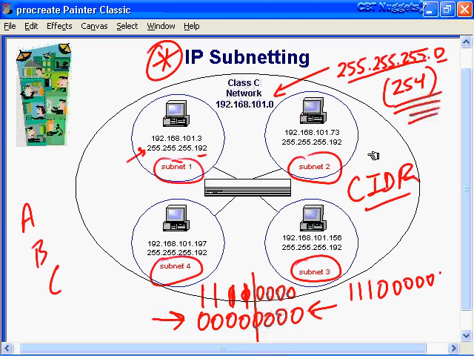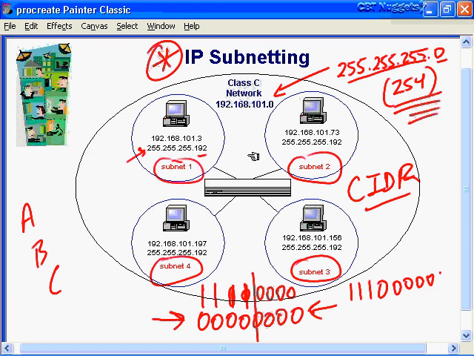Now from a network design standpoint, the main thing I've done here by using this router and using IP subnetting is I've created, from one large broadcast domain or one large network, 4 smaller broadcast domains. Now, what do I mean by broadcast domain?